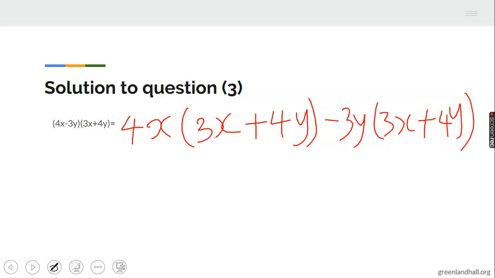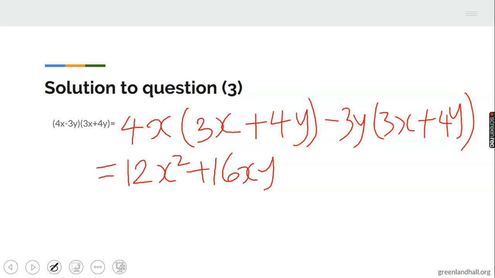Now you expand 4x multiplied by 3x. That will be 12x squared. Then 4x multiplied by 4y. That will be plus 16xy. You are done with this now. Now you pick this one again.